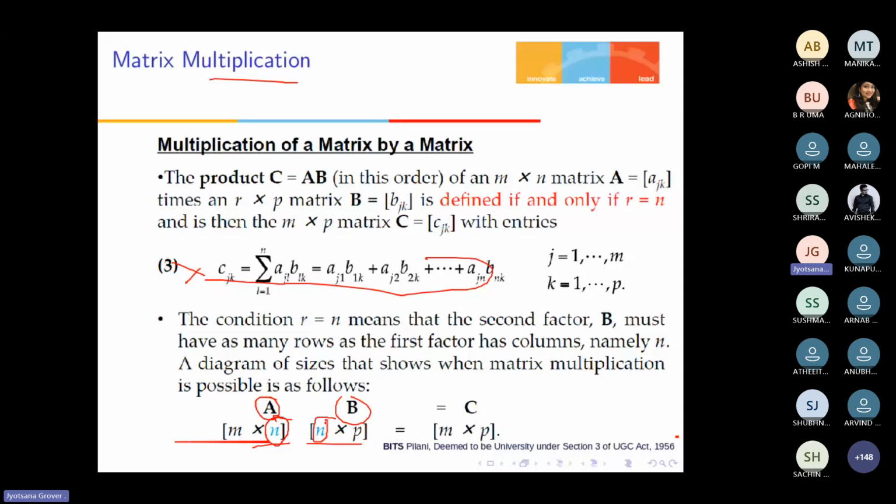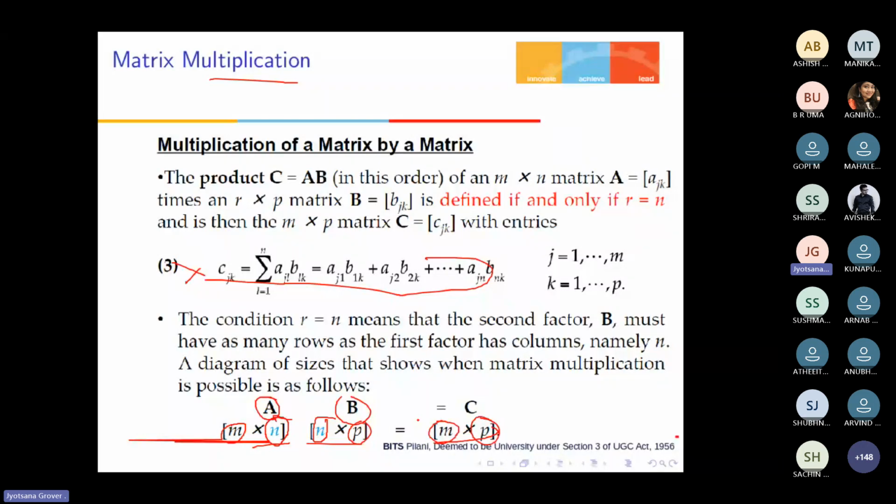Only then can the two matrices be multiplied. When you multiply two matrices, the resultant matrix has m rows and p columns, where p is the number of columns of B and m is the number of rows of A.